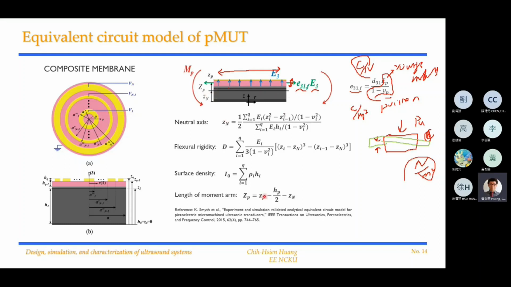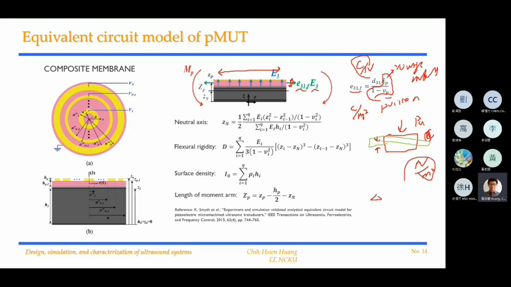Okay, and also, instead of just density itself, we need the density of the entire surface. Okay, so we also calculate the surface density here, and also we have the length of the movement arm. Okay.